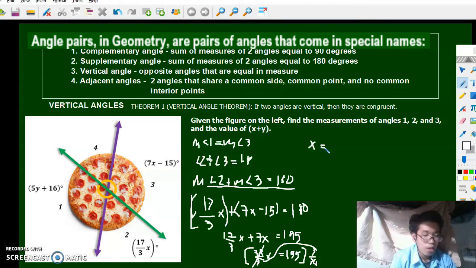The answer is 585 over 38. So that's the value of our x, 585 over 38. We have solved the value for x.